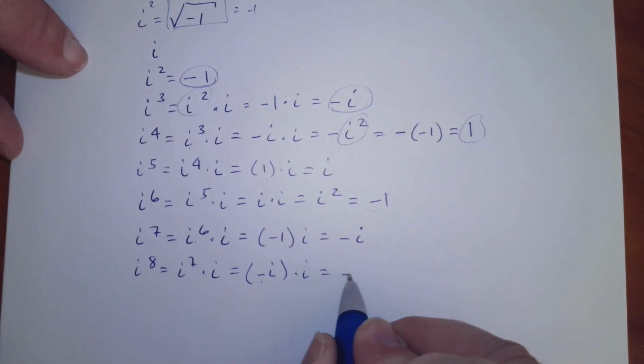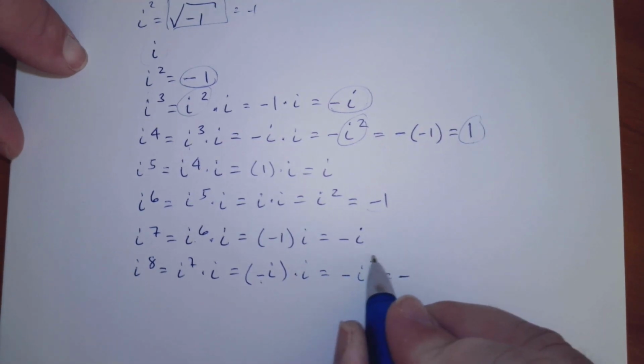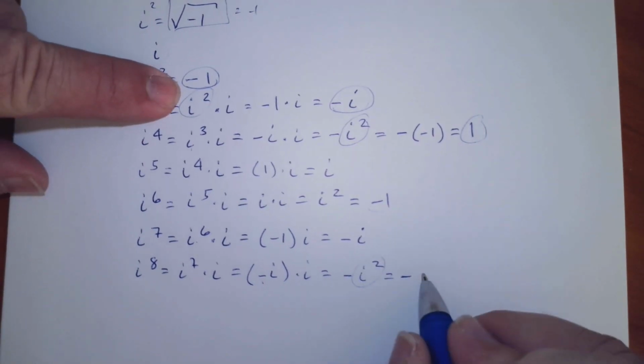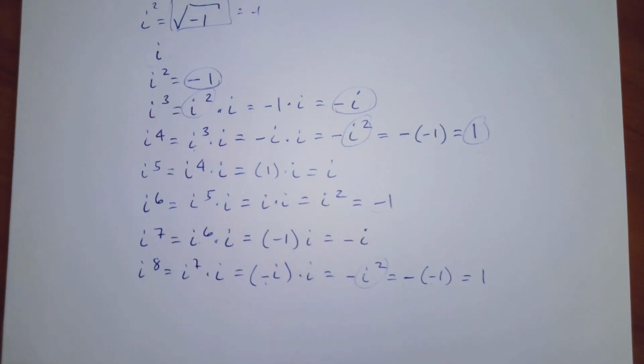Negative i times i is negative i squared. We know i squared is negative 1, and negative negative is positive. So there we have it.